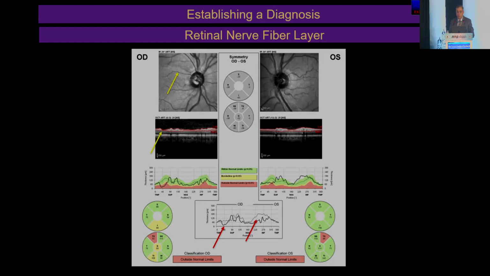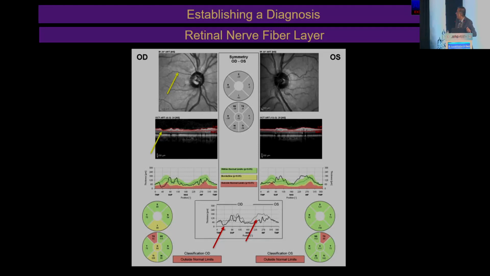So let's look at establishing a diagnosis. The commonest place where people want to look is what I call kindergarten level OCT. Is it red? Is it green? Is it yellow? I mean, we can rise above that.